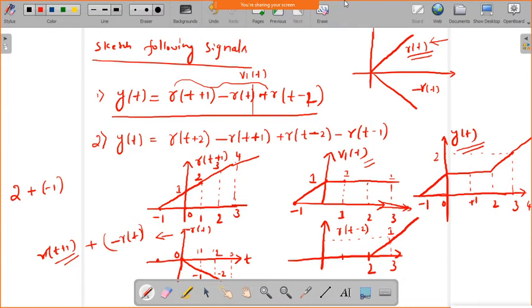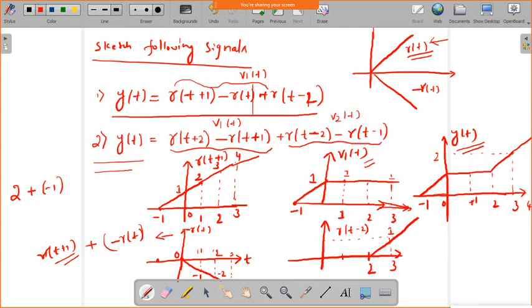Sir, I got it. Okay. So this is a procedure where you need to be a bit careful. You need to take amplitude values at a particular index value, then try to plot the signal. Now try to plot the second one. Split the signal like V1 of t and V2 of t. It will be very easy. Then you can combine V1 and V2.